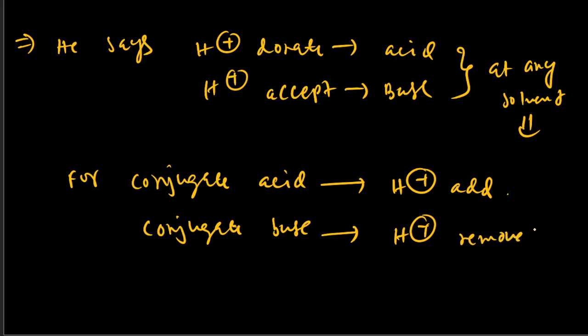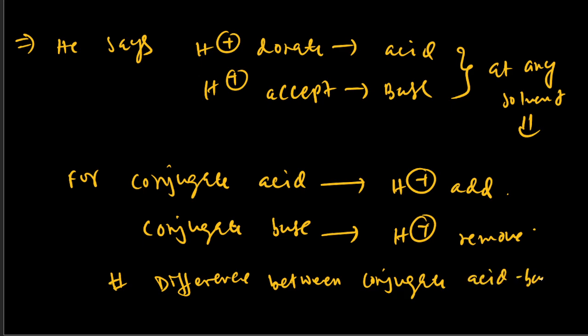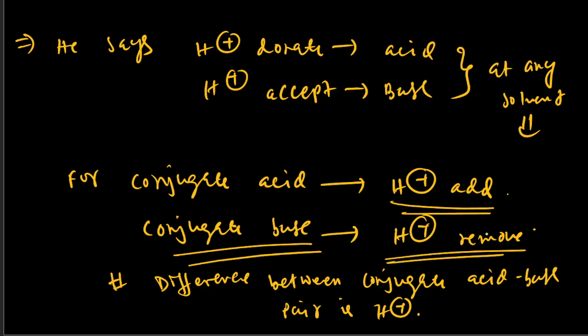So the only difference between a conjugate acid-base pair is H plus. If you want to get the conjugate acid, just add H plus, and if you want to get the conjugate base, just remove H plus. We will solve some problems and examples in the next class.